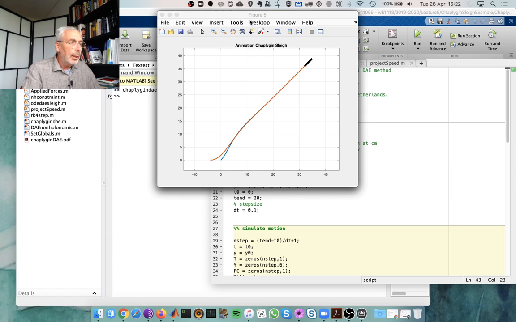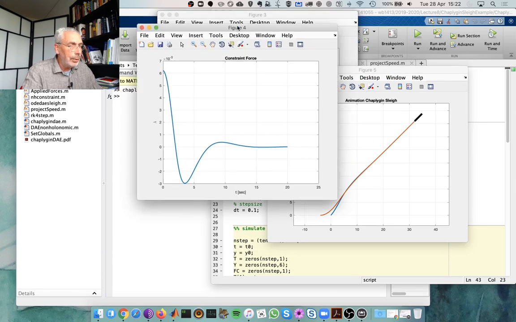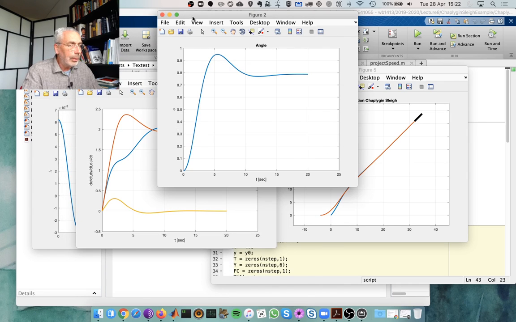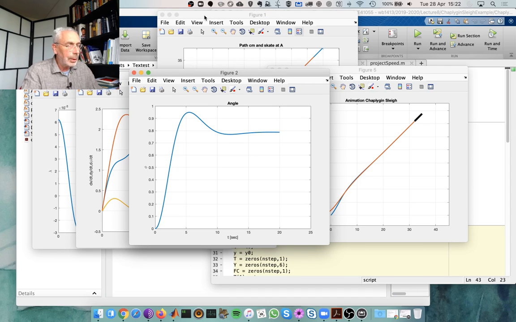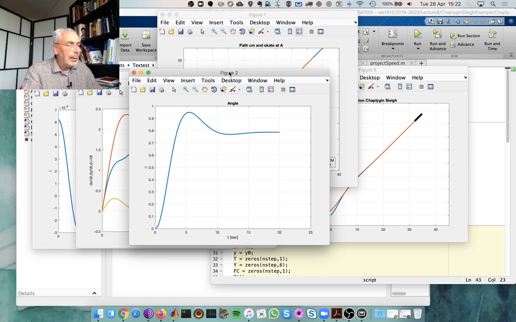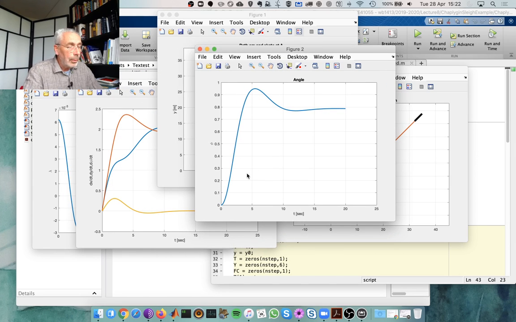Now it's interesting to look at other results, like for instance, that was the path of the CM, which we saw already here. Then here we see as a figure the orientation of the sled. So as you see, the orientation takes some time to start changing, and then it does some overshoot, and then it comes back at finally pi over 2.